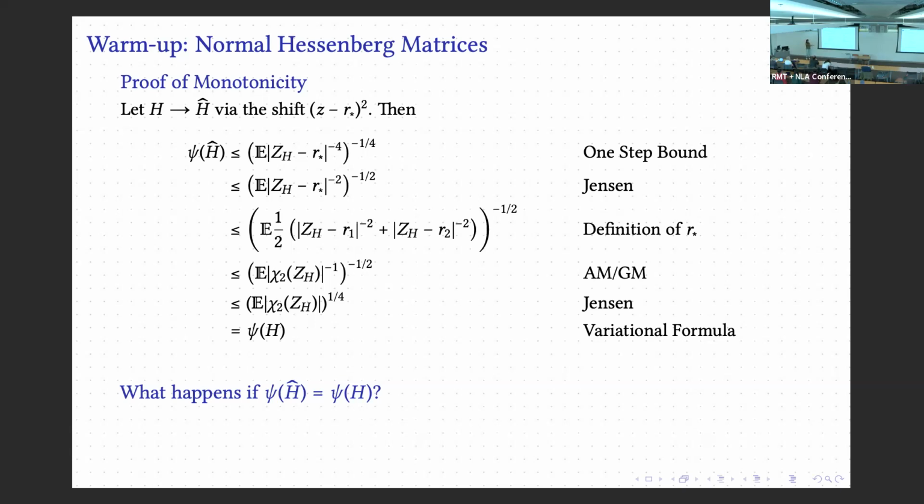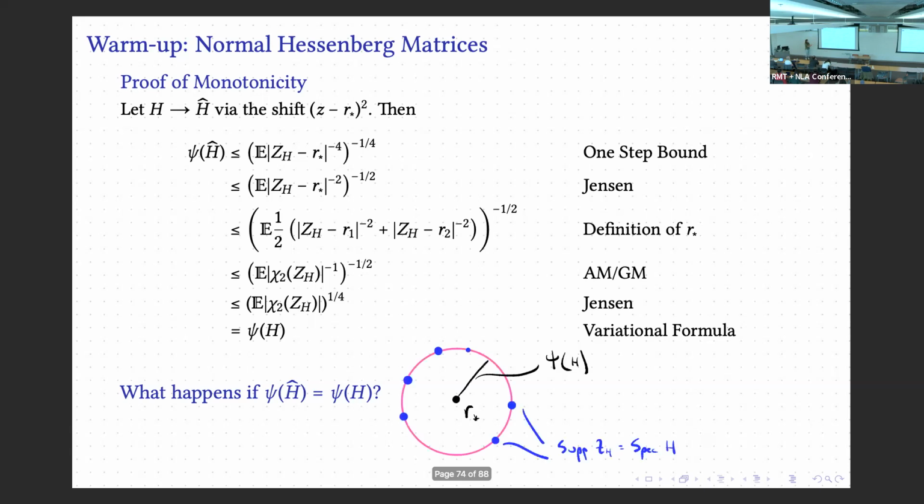And so if this potential equals that potential, then all these inequalities are equalities, meaning that every application of Jensen's inequality here is tight. There's an equality, which means that the distance between ZH, which is supported on the eigenvalues, and your root, R star, is constant. In other words, the eigenvalues of the matrix are on a circle.